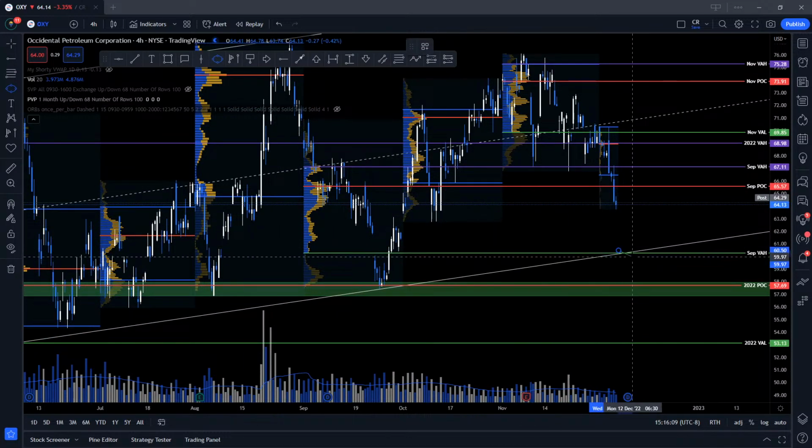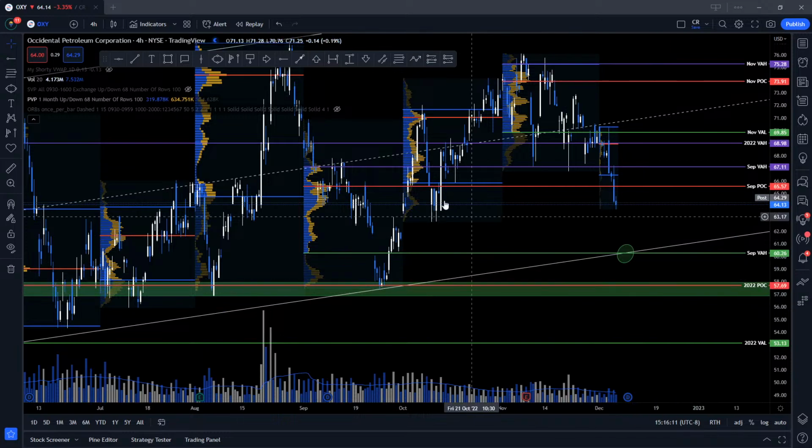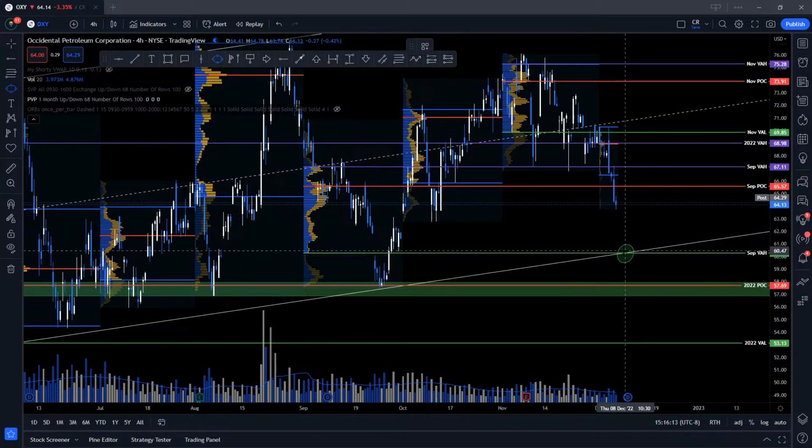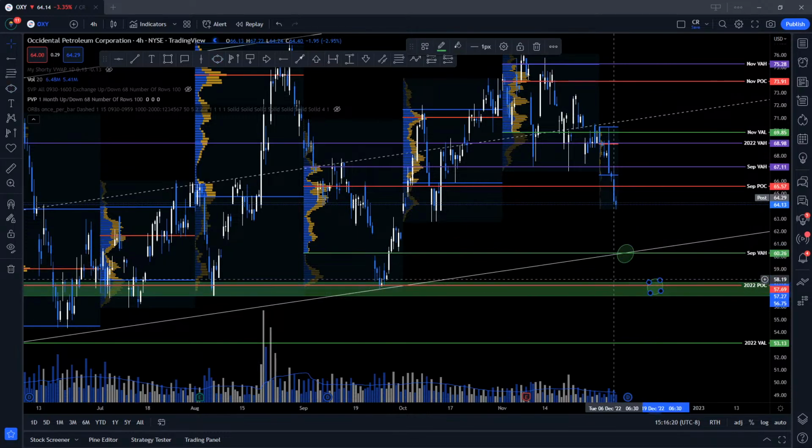This is probably a good buy zone. Take a starter position and then, you know, full position here if it gives it to us.